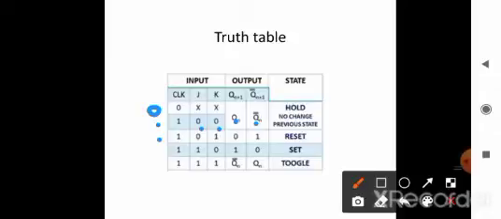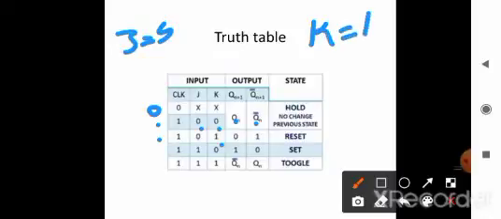When it is 0 1, J is equal to S and K is equal to R. When K is high and you are getting Qn plus 1 as 0, with Qn complement equal to 1, it will be in the reset condition. When J is equal to 1, you are getting Qn plus 1 as 1, it will be in the set condition. When both are equal to 1, it will be in the toggle condition.